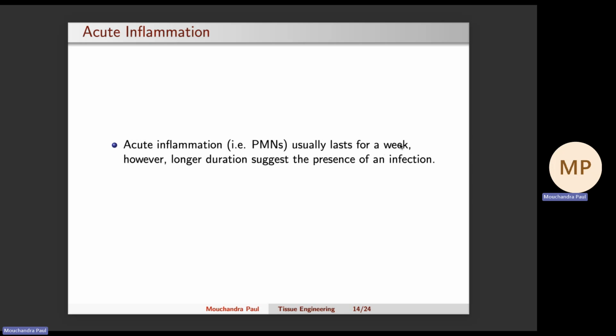These neutrophils will stay only for a week from the start of the inflammation, and for a week only we will see that peak. After that, their cell number will start declining. But if they last for a longer period, more than a week, maybe a month, then we should understand that the cells are not able to do their job because some infection, which is very difficult for these cells to clear out, is present there.